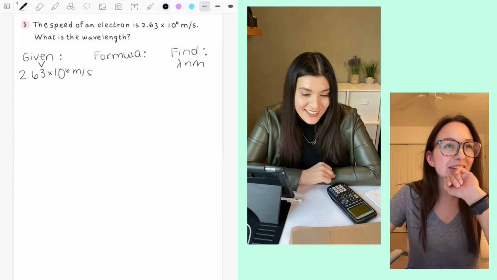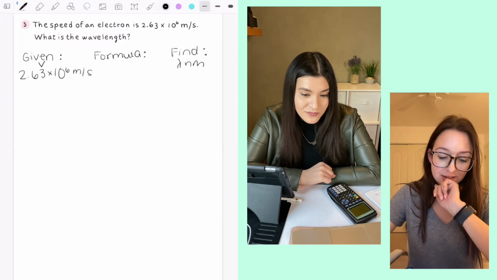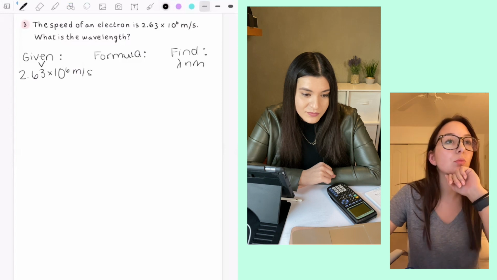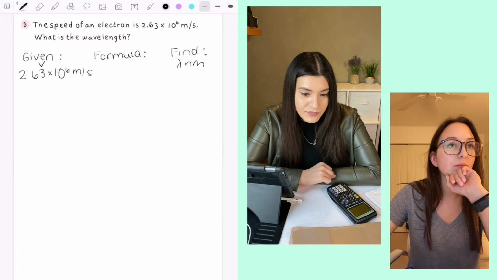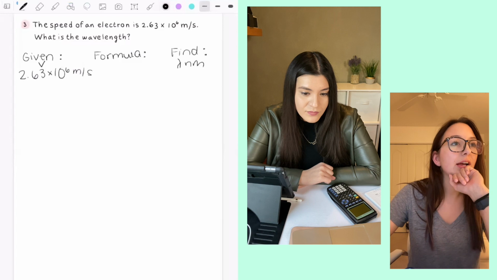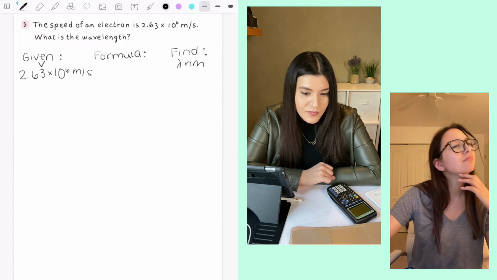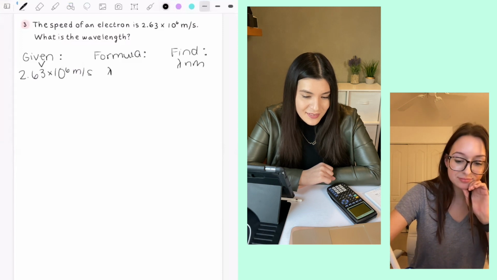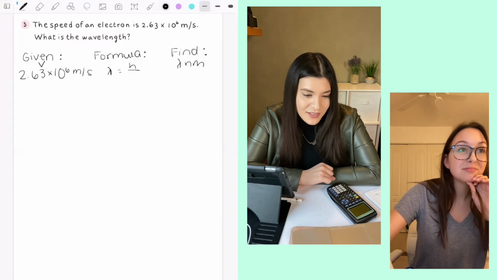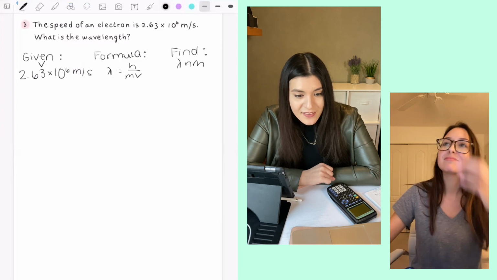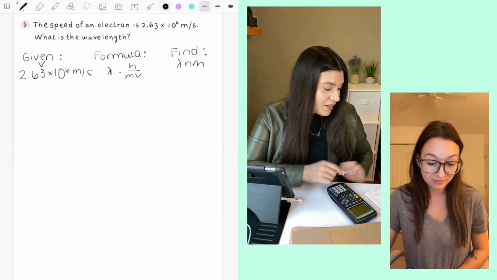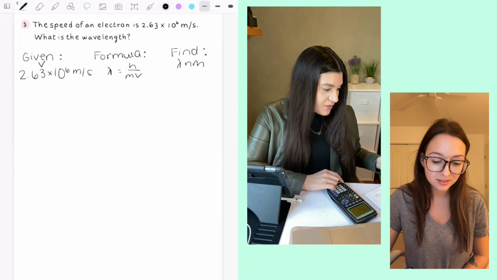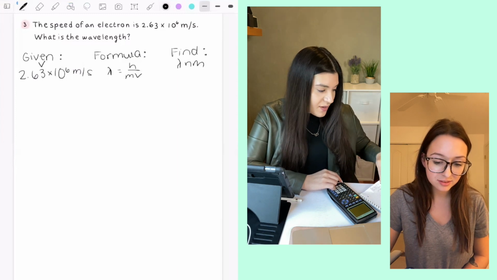Okay, so we are going to use, wait, we're finding wavelength, so we need the one with wavelength. I think it's this one. Go for it. Good so far? Yes. And then I realized I didn't put it on there, but I have the mass of an electron, which is m.